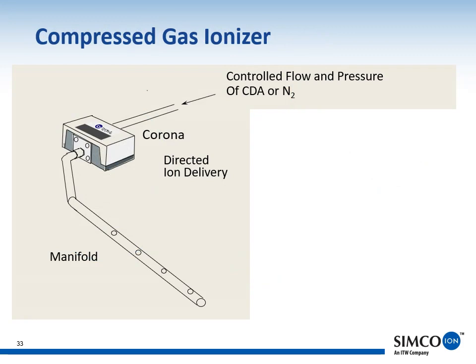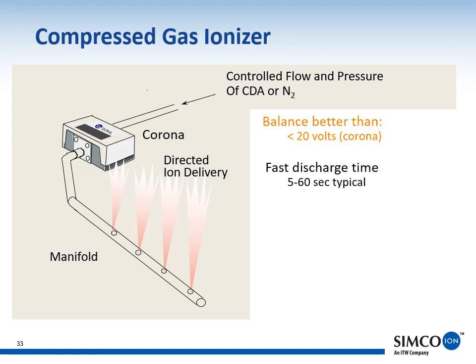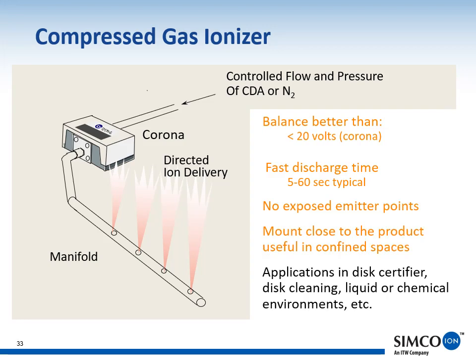Simco Ion manufactures several types of compressed gas ionizers that can be used to ionize either air or even pure nitrogen. These ionizers are excellent as they have very tight balance control, fast discharge times, and clean installations.